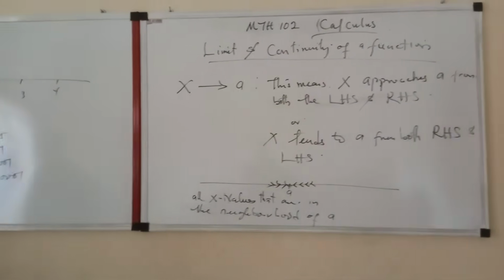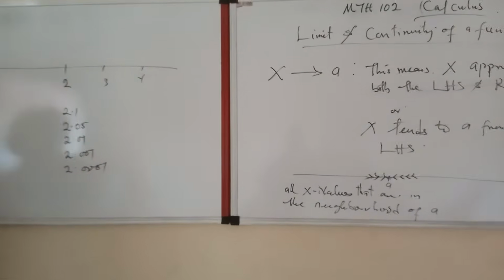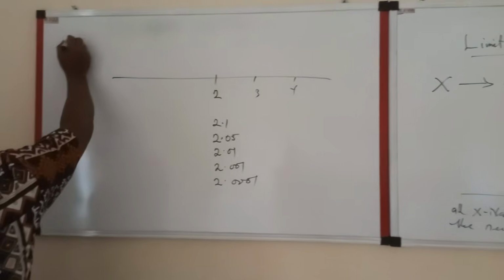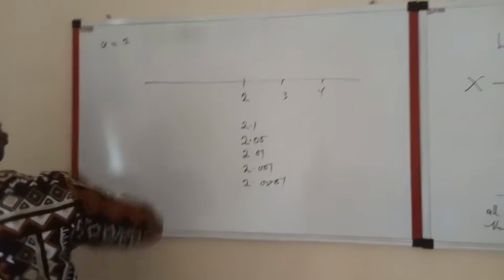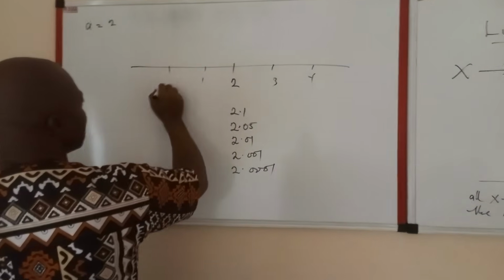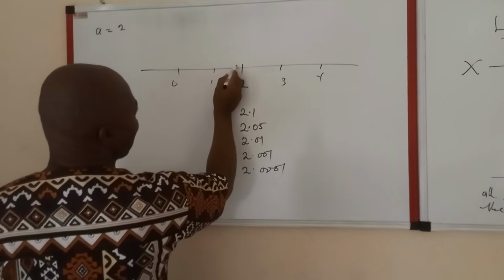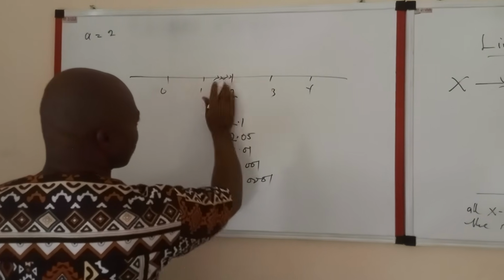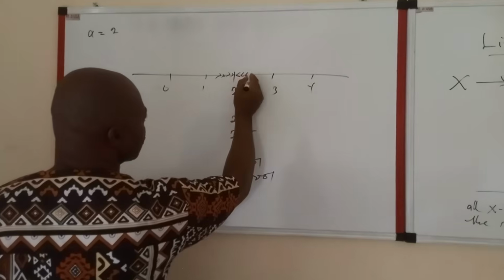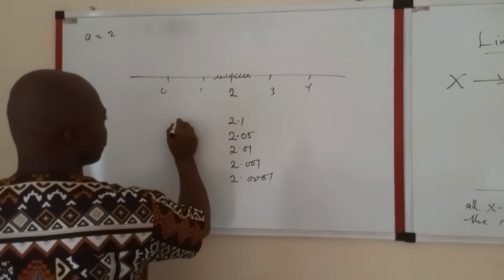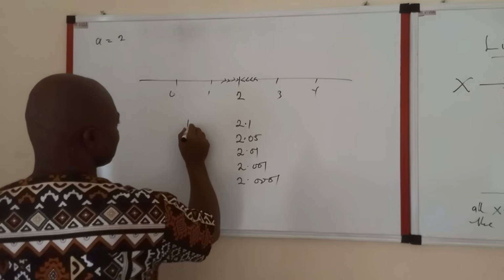So as we have stated, if we let that point A be equal to 2, then this one will be 1, this one will be 0. So we are interested in all the values that tend to 2 from the left and also tend to 2 from the right. So these ones are for the right, whereas these ones are for the left.